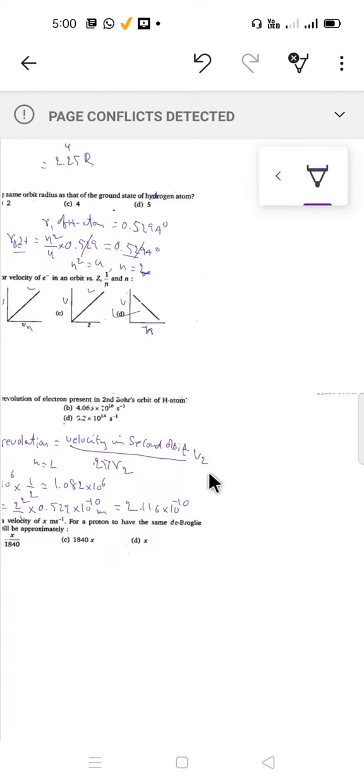Frequency of revolution is equal to velocity in the second orbit, 1.082 into 10 to the power of 6, divided by 2 into pi value 22 by 7 into r2 value 2.116 into 10 to the power of minus 10.